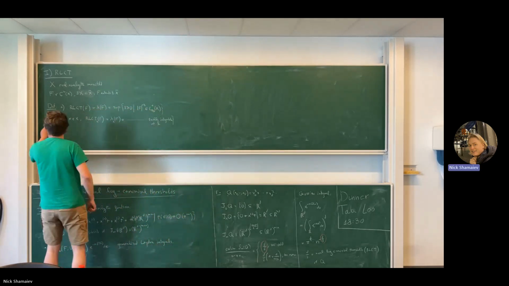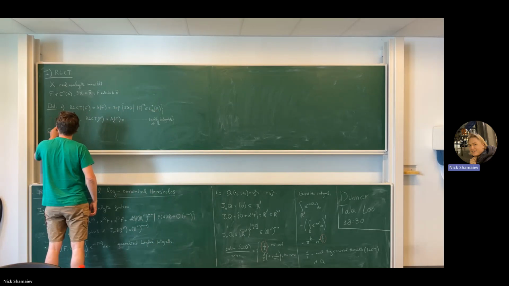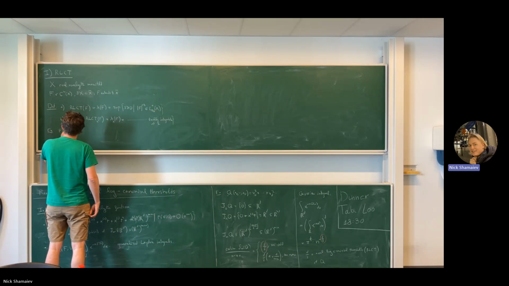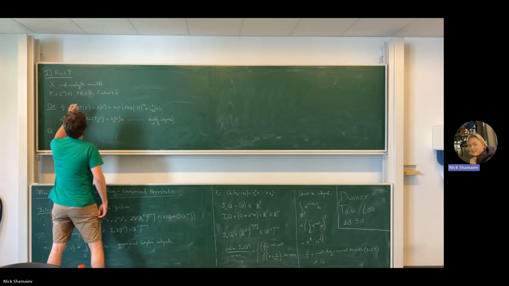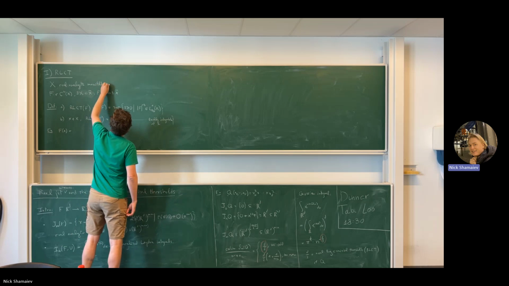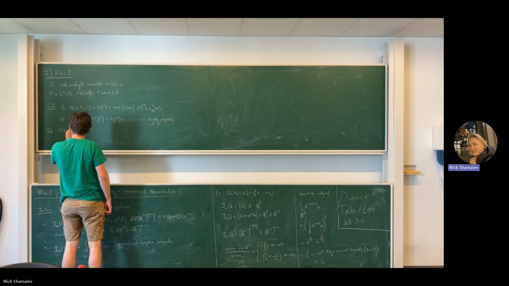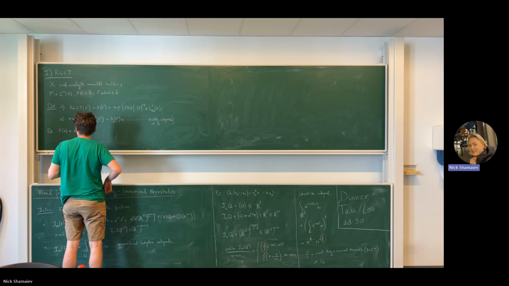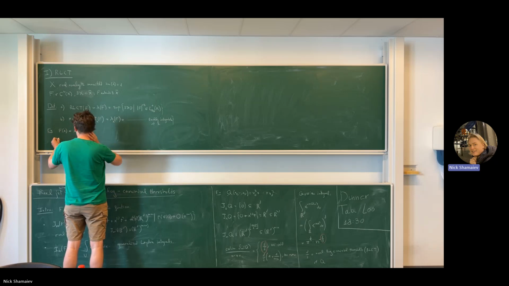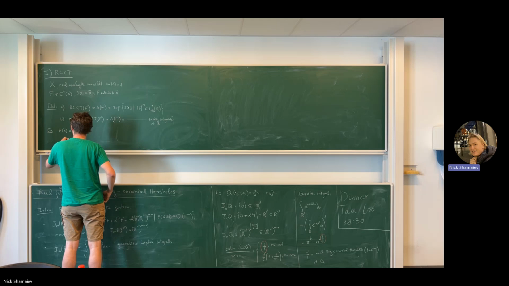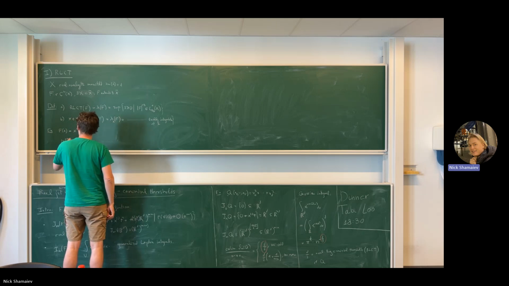Let's do the simplest possible example, in dimension 1, where f of x is x to the n. When is |x| to the minus ns locally integrable on R?